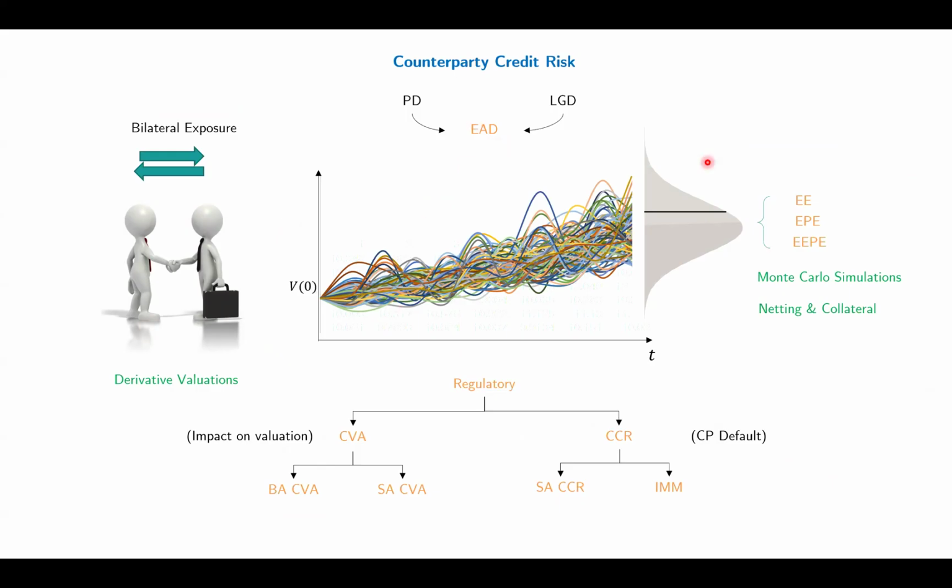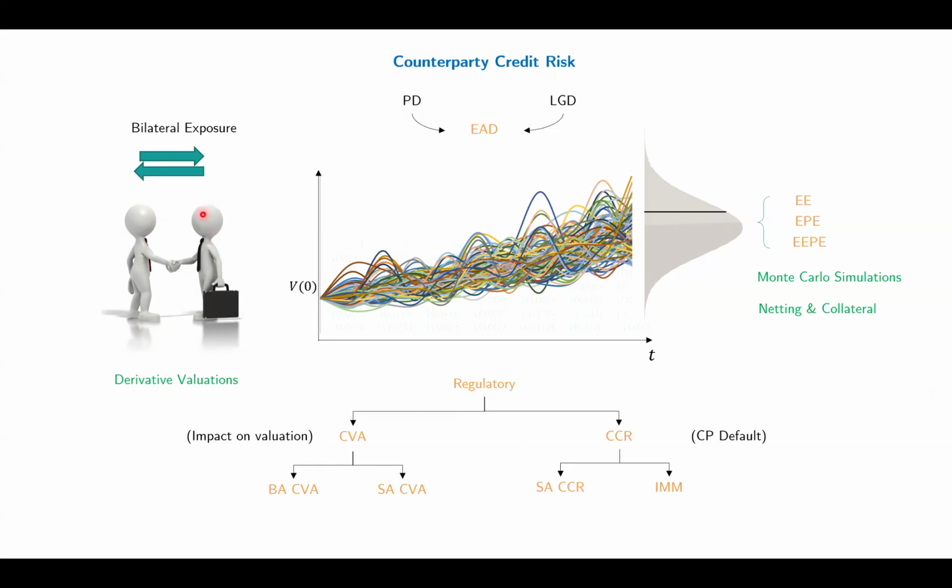Okay. So counterparty credit risk, as you can see in the name, we have credit risk. So it has to do with default, right? The tricky part is that counterparty credit risk is applicable for derivatives. So let's say you are long and the other guy is short for any kind of derivative.